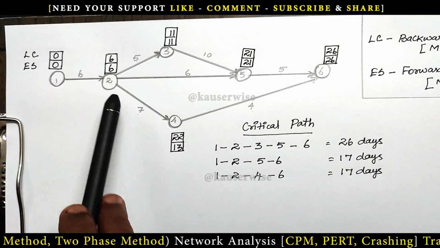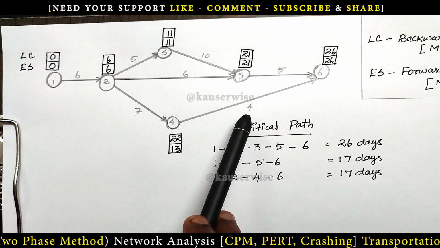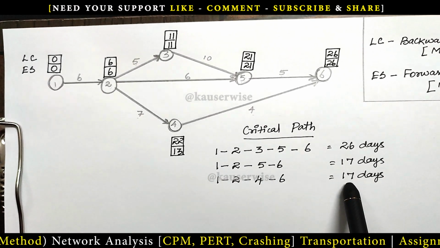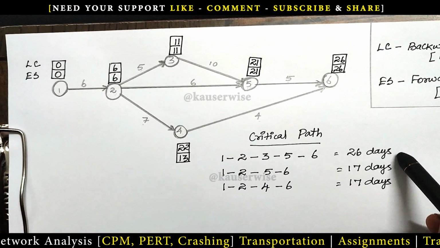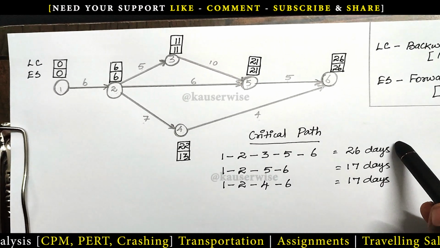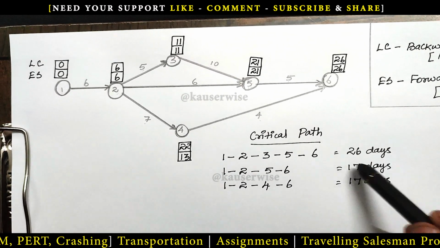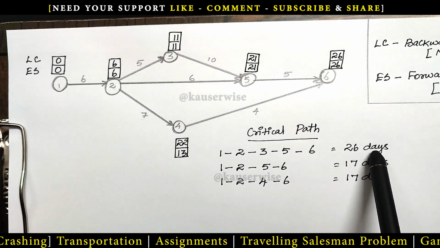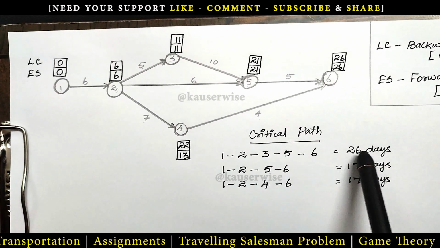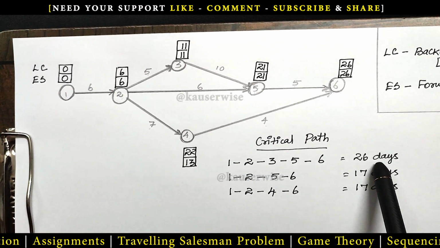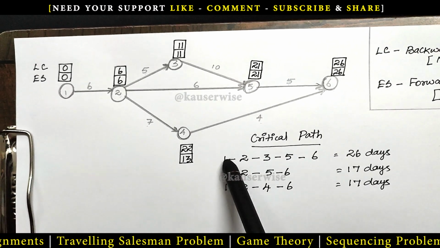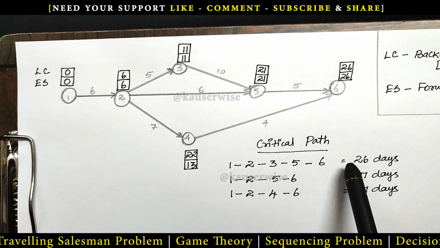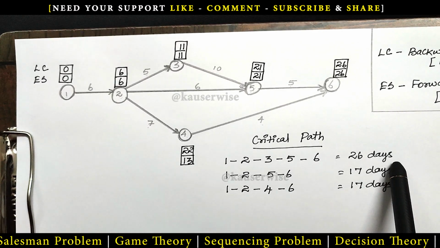Duration is 6 plus 7 plus 4, so total 17 days. Out of these three possibilities, which one is the longest path? The highest duration is 26 days. So the first option is the critical path. Critical path means the longest path, which requires the highest number of days to complete the project.